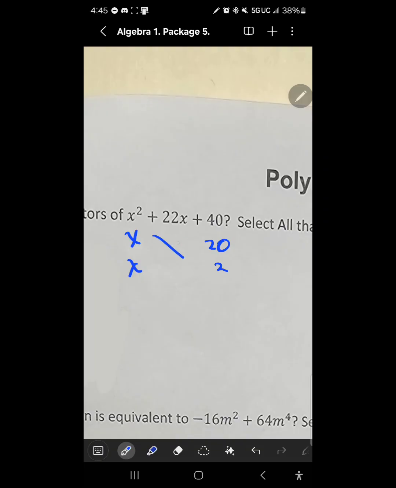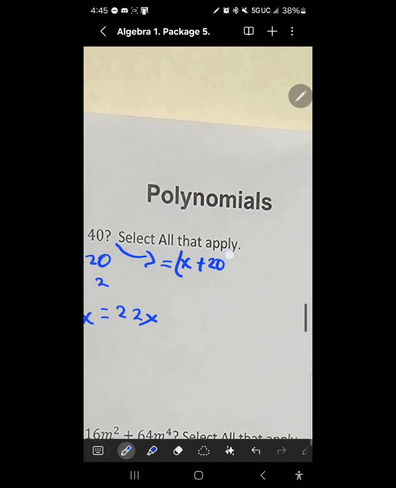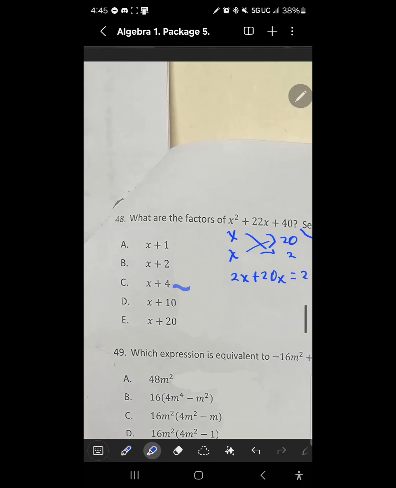If we cross multiply, it is 2x plus 20x, which is 22x, so we are fine, and then our answer will be x plus 20 and x plus 2.